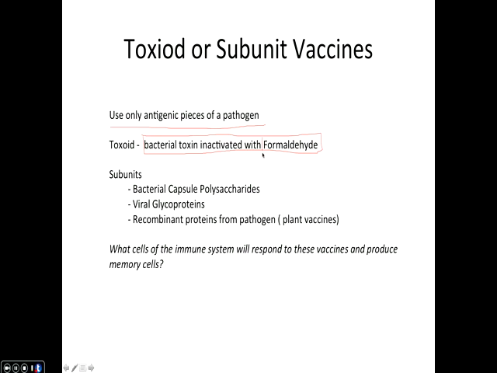Subunit vaccines, you're picking and choosing different parts of the proteins. For example, you can take the capsule or membrane polysaccharides, glycoproteins that are on the coat proteins of a virus. One thing we can talk about a little bit more is that there are actually genetically modified plants right now that are modified to produce proteins from the pathogen.